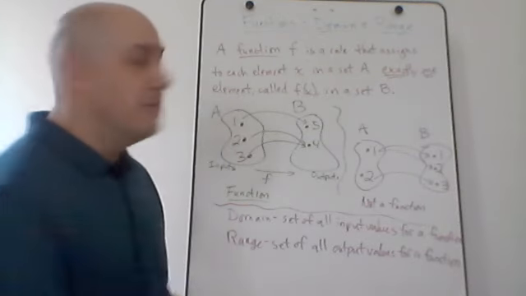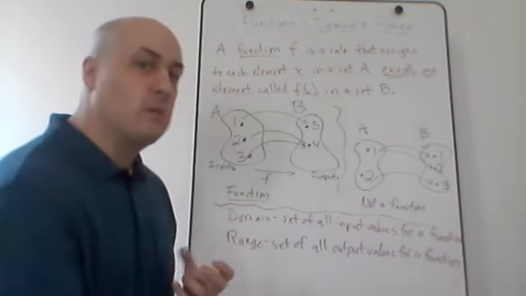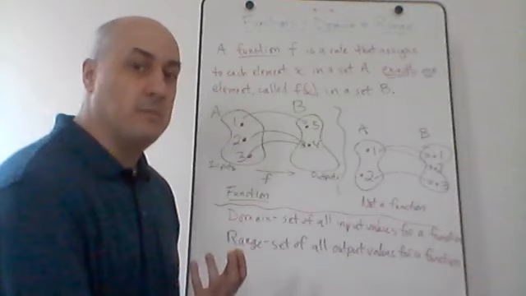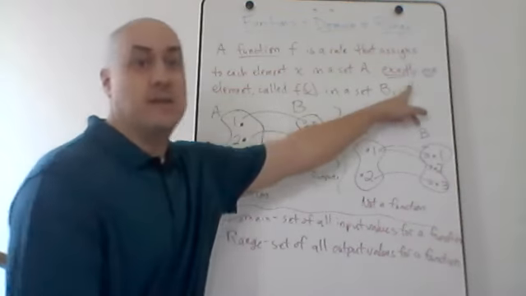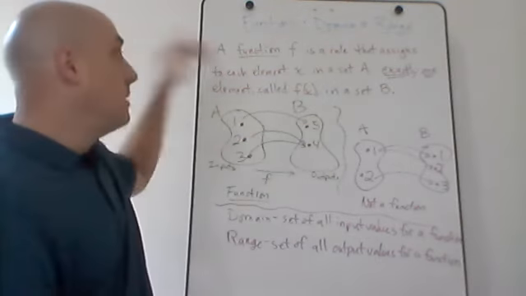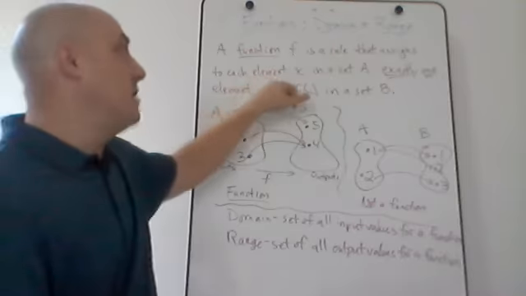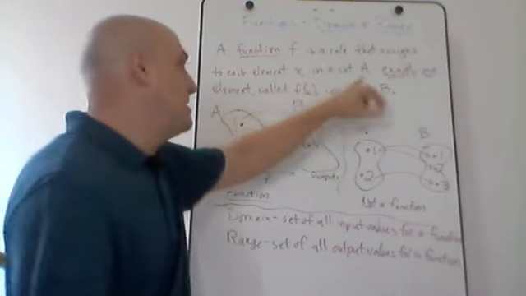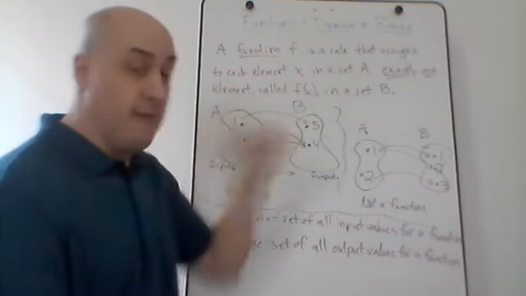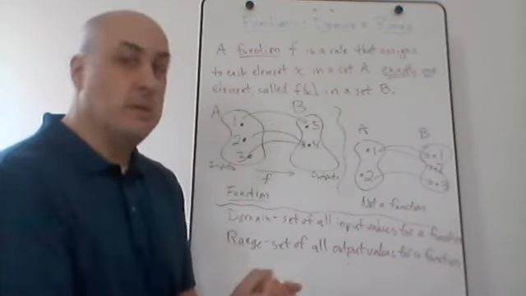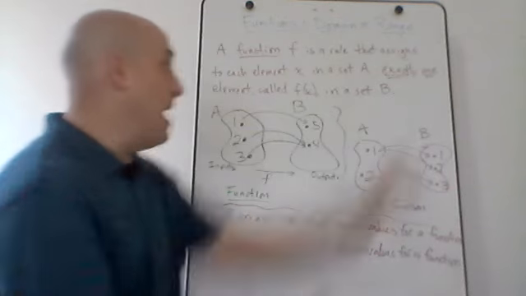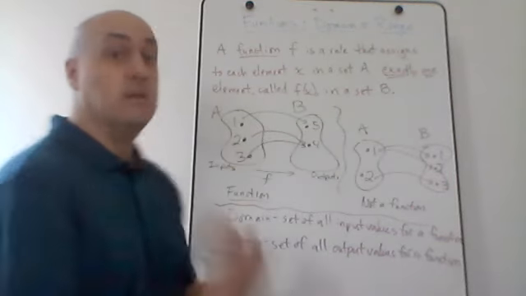All right, so the key words in the definition of what makes something a function as opposed to what's not a function, I double underlined here: exactly one. So f is a rule that assigns to each element x exactly one element called f of x. In order for something to be a function, when you plug a number into it, only one single number can come out. That's what it says, exactly one comes out.